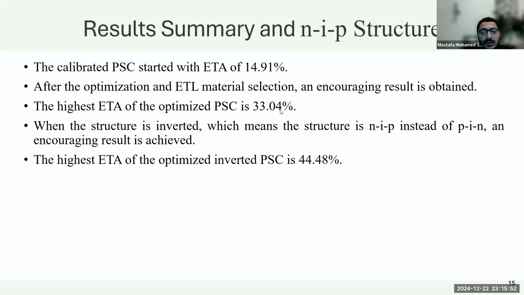After that, we studied the inverted structure. The default for this cell is PIN. When we investigated the inverted structure, which is NIP, the eta achieved is 44.48%.